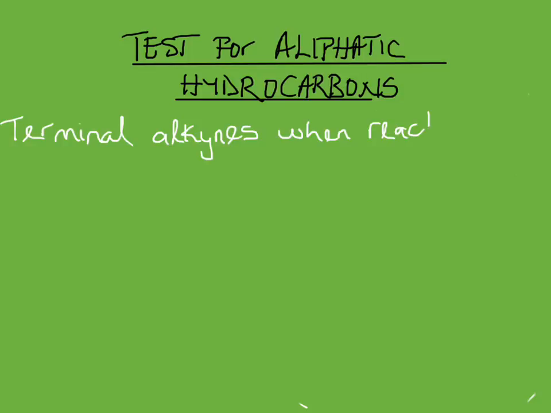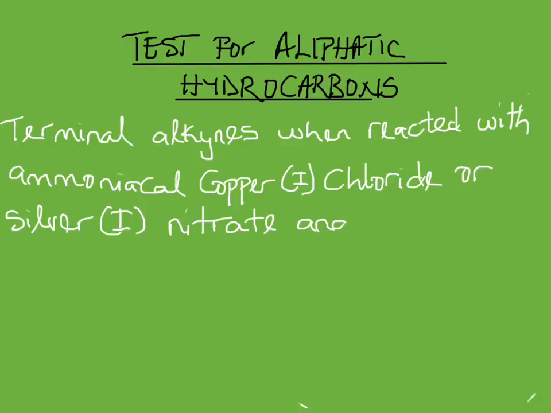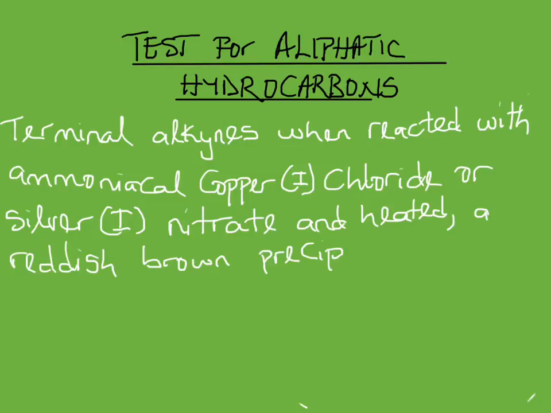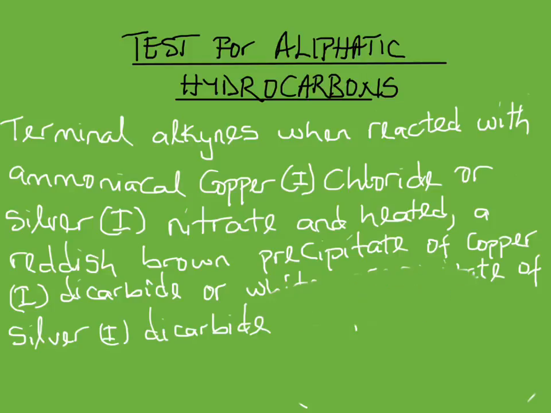Terminal alkynes, when reacted with ammoniacal copper 1 chloride or silver 1 nitrate and heated, give a reddish brown precipitate of copper 1 dicarbide or a white precipitate of silver 1 dicarbide.